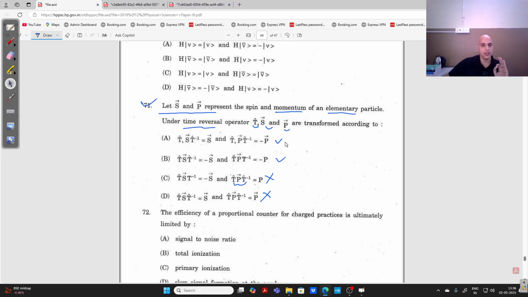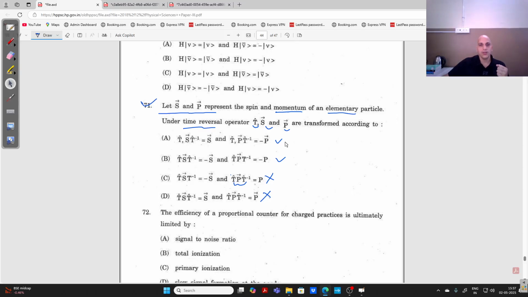Now what about spin, the spin angular momentum? S is spin angular momentum, where P is linear momentum. As I told you, linear momentum changes sign, so these two options can be there. But now I am looking at this spin.